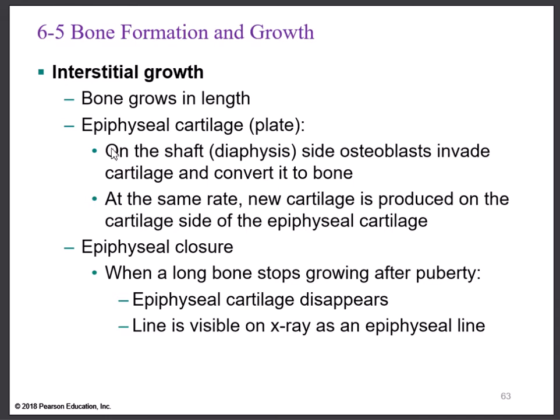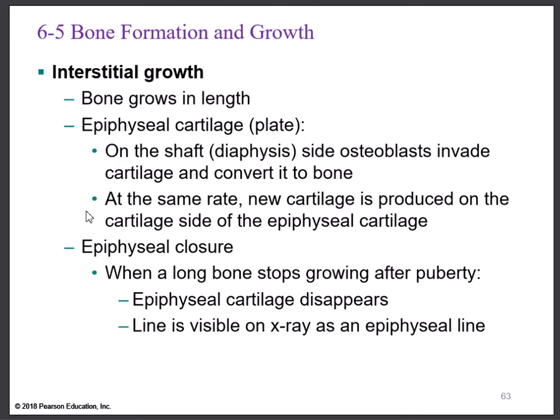As I mentioned earlier, on the shaft side, where the diaphysis is, the osteoblasts invade the cartilage and convert it to bone. At the same rate, on the top of the epiphyseal cartilage, new cartilage is produced on the epiphyseal side so that the bone continues to grow in length.